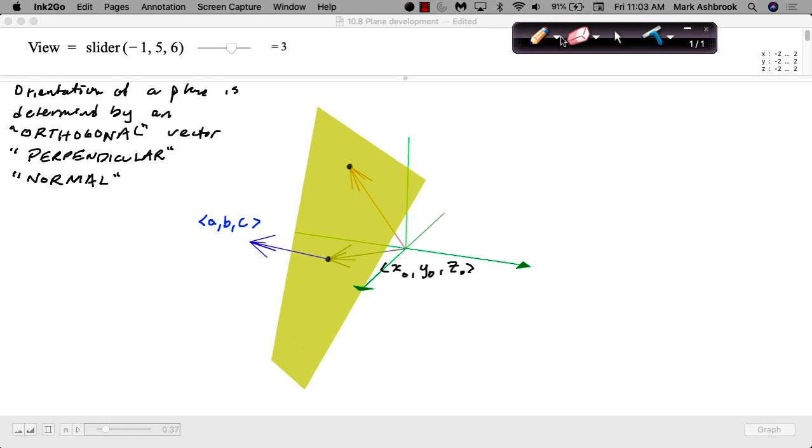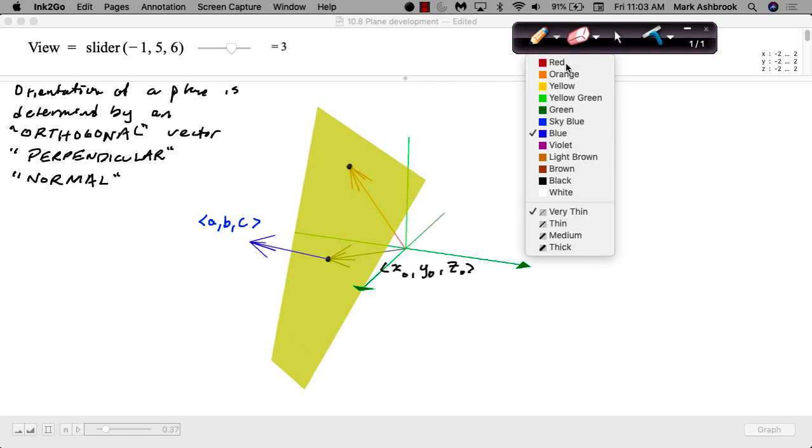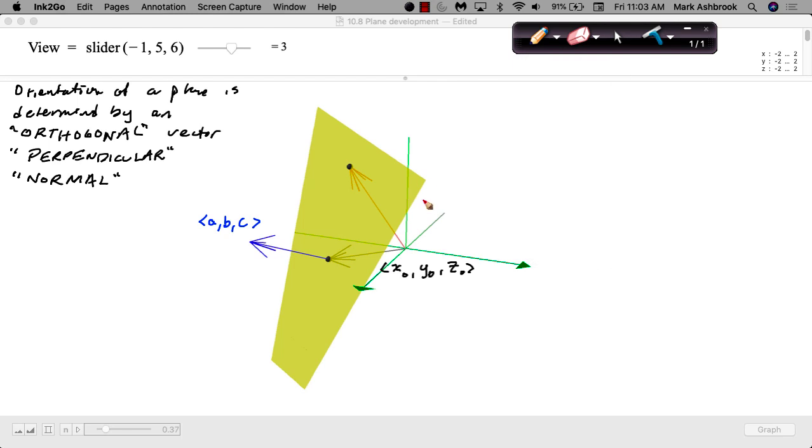And then our red vector here is every point on the plane. So we need a relationship that brings all this together, right? How can we come up with some kind of relationship that brings all three of these together and therefore gives us every point on the plane, x, y, z?